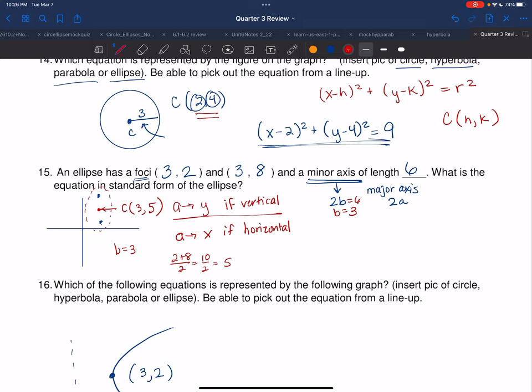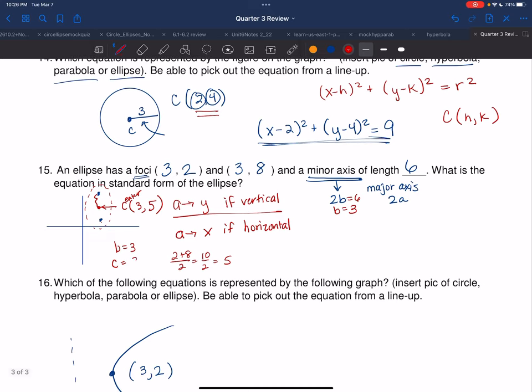All right. To find c, c would be the distance between my foci. This should be center. Hopefully that doesn't get you confused. It's the difference between your foci and your center. So if I go from 5 to 8, that's a c value of 3. Remember, c squared is equal to a squared minus b squared for an ellipse.